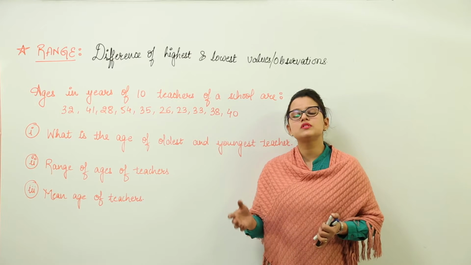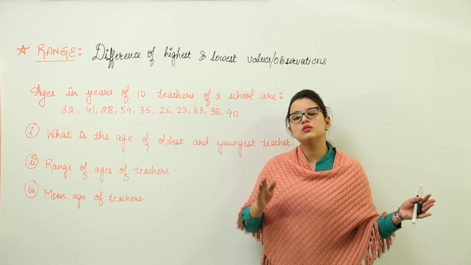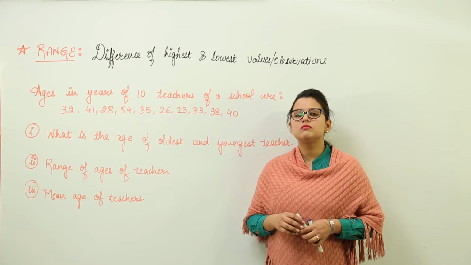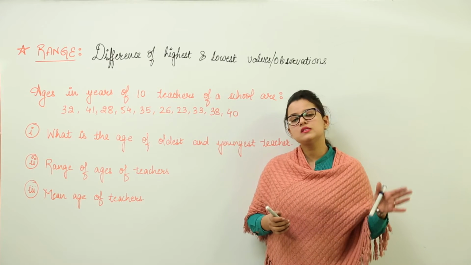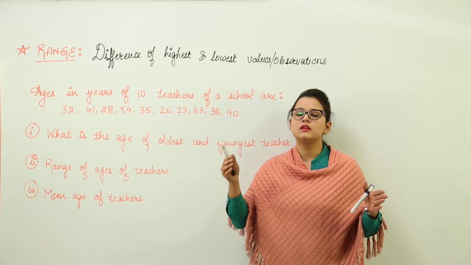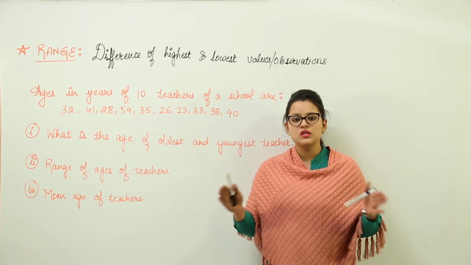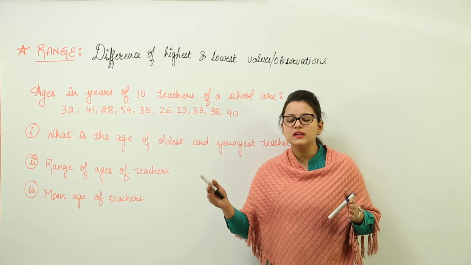That means it could be between 0 to 1000, any value, and if you say it can be between 1000 to 1500, that means it can start from 1000 and end at 1500. That means the range defines the difference between the lowest and the highest value.